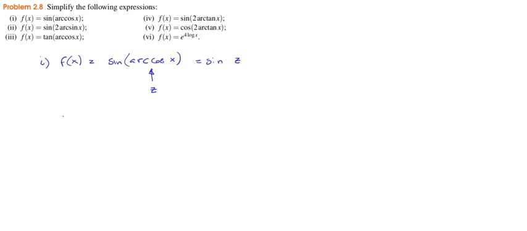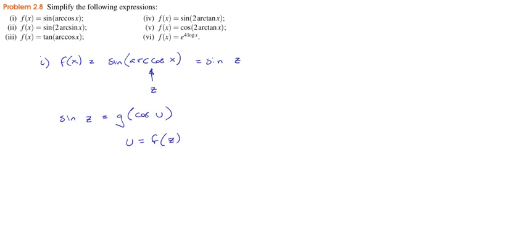So we want it to be written as a function, let's call it g of the cosine of u, where u is a function of, in this case, z.